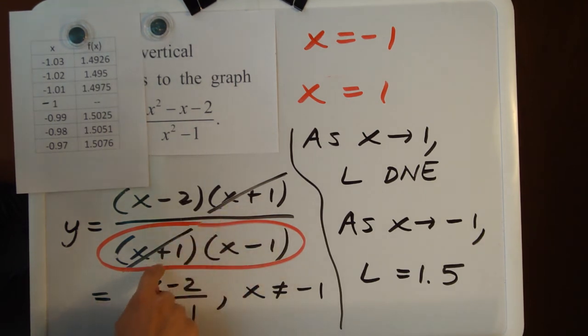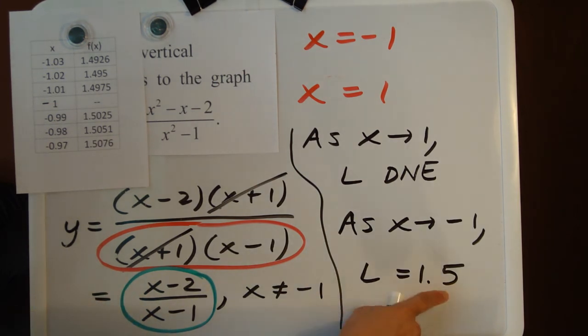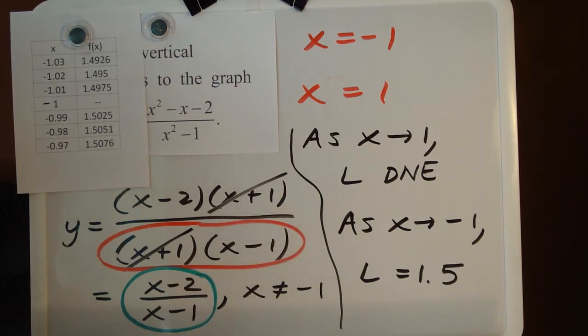We would get rid of this discontinuity here, but then we would plug in -1 into the updated function, and this is the updated function here. Notice if you let x equal -1 now in the updated function, this would calculate to -3 over -2, or 3 over 2, which is the same as 1.5. So here we have a limit existing, but you can't plug the number in, x equals -1, and in the other case we have a limit that fails to exist.